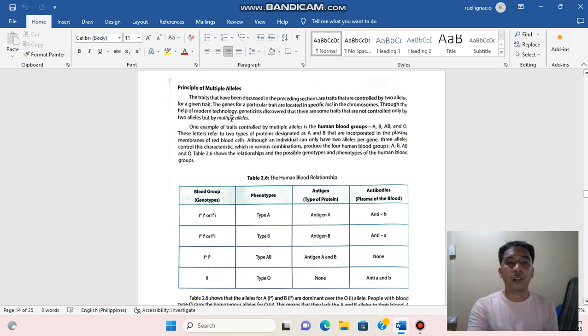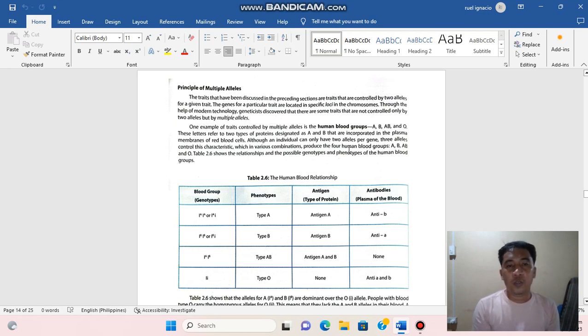So one example of traits controlled by multiple alleles is our human blood groups, or the ABO blood groups, in which we have four blood types: your type A, B, AB, and your O. These letters refer to two types of proteins designated as A and B that are incorporated in the plasma membranes of the red blood cells, as you can recall from our lesson in Unit 1 on membranes.